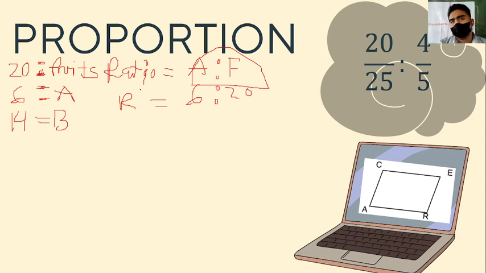Now what if we were asked, what is the ratio of the number of bananas to the total number of harvested fruits? The ratio of that one would be 14 is to 20.